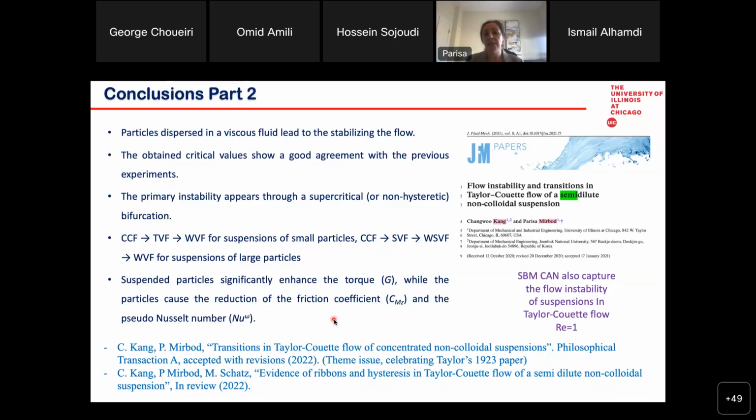What was interesting here, we showed that the suspension balance model, when coupled with porous media, couldn't capture what was happening in the experiments, but we definitely could apply the suspension balance model, although this model has some terms that are not considered in the analysis, and most importantly, it should be applied for low Reynolds numbers. Here we applied it for very high Reynolds numbers, and we got very good results.